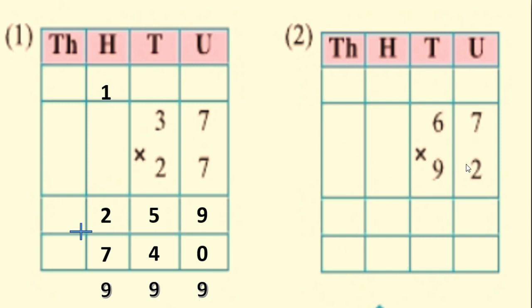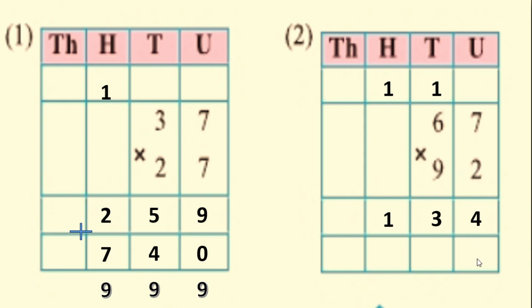Okay, we will move to the second one. Here also 7 twos are 14. 4 we will write here, 1 is carried over. 6 twos are 12 plus 1, 13. 3 we will write here, 1 is carried over to hundreds place and 1 we will write down. Now, here we will put 0.